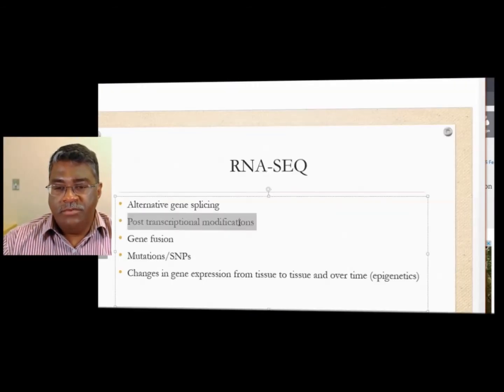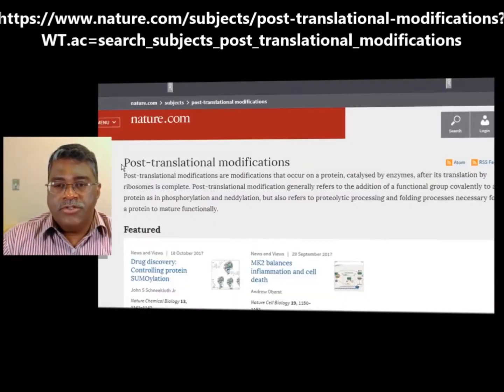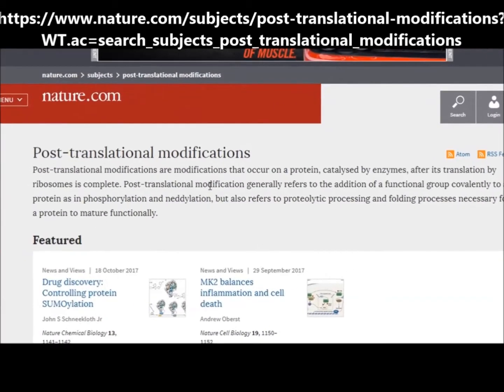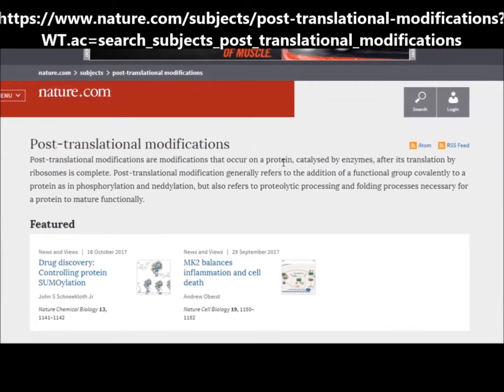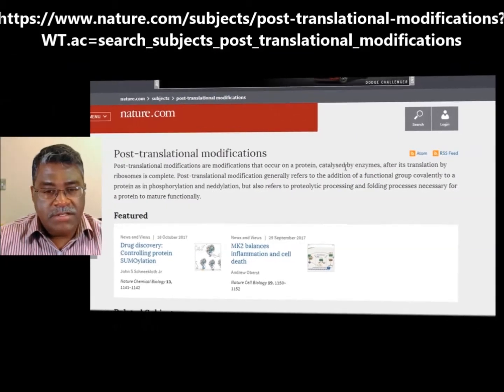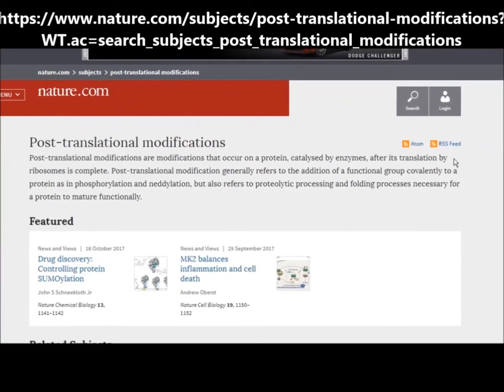Okay, let's look at another definition. So what is post-translational modification? Post-translational modifications are modifications that occur in proteins, catalyzed by enzymes after translation. So when the mRNA translates into the protein, where the protein manufacture occurs, there are modifications that occur in the protein.